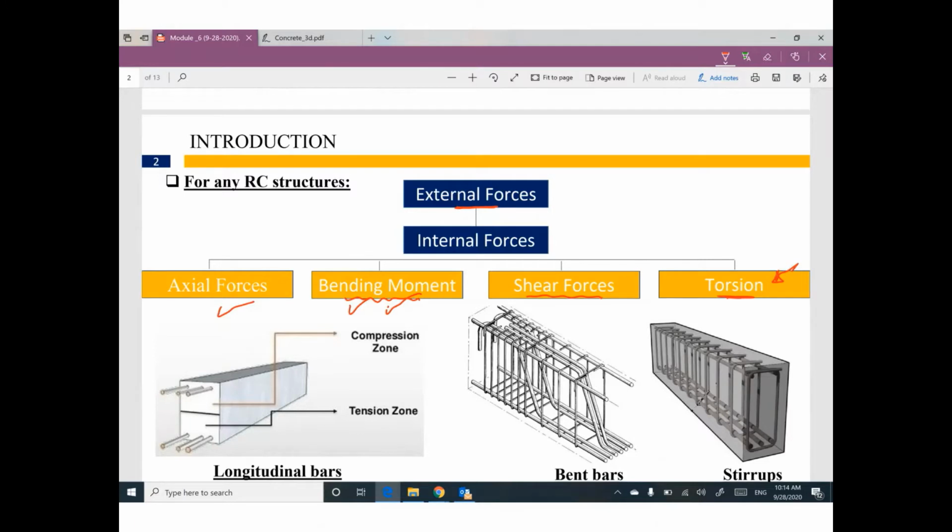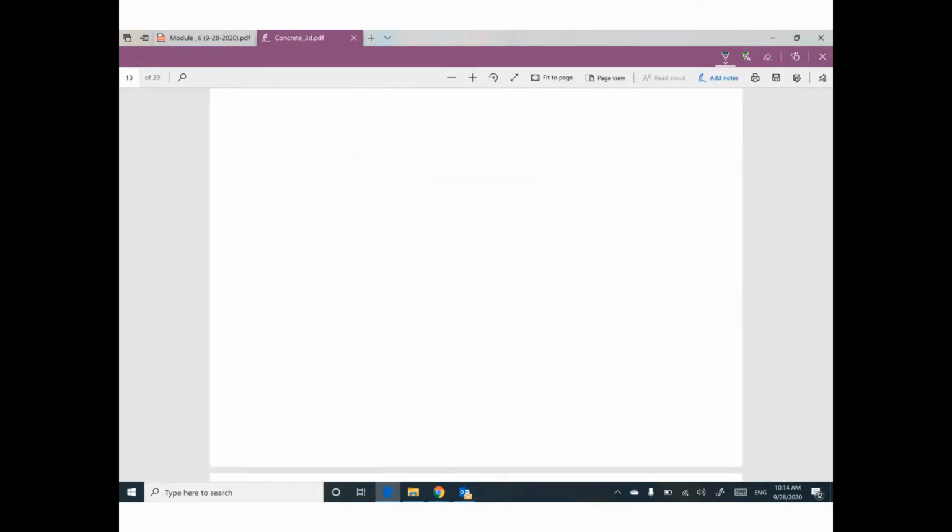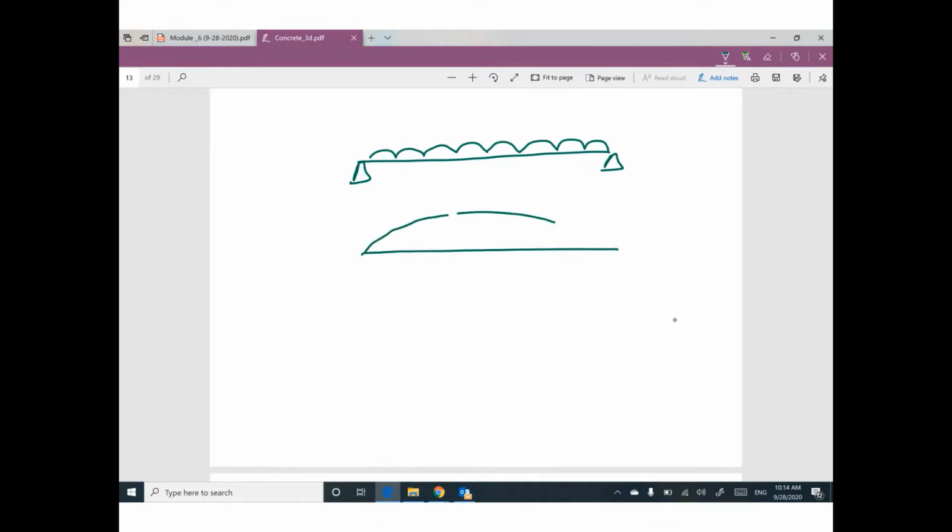So just to remind you, if you have a beam from structural analysis, this beam with uniform distributed load, we have something called bending moment. And this value is W L squared divided by 8. This is called the bending moment diagram.